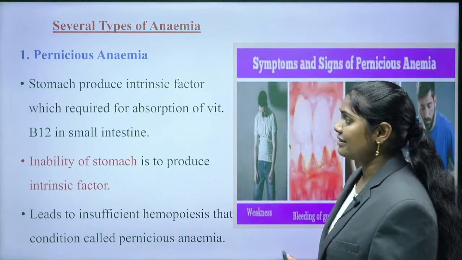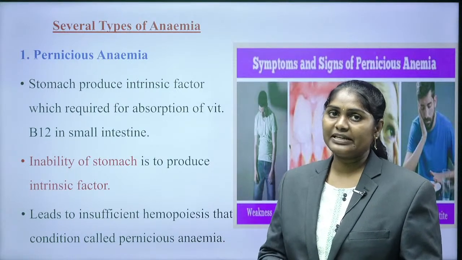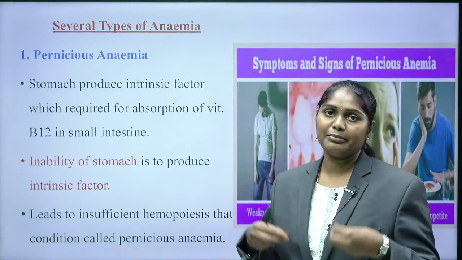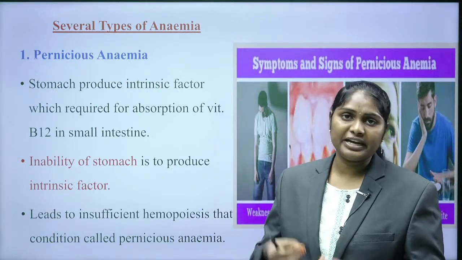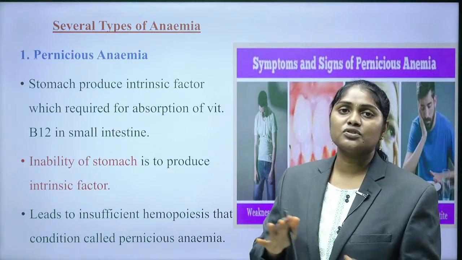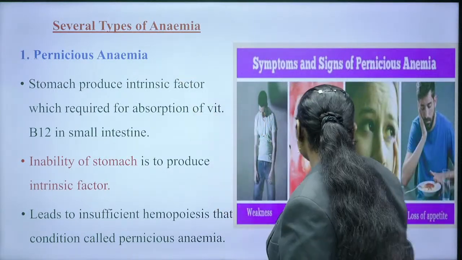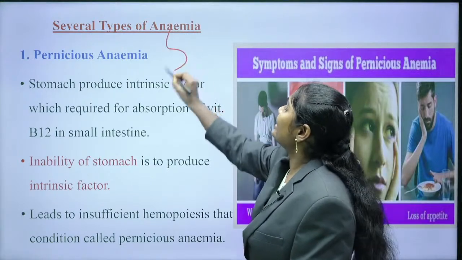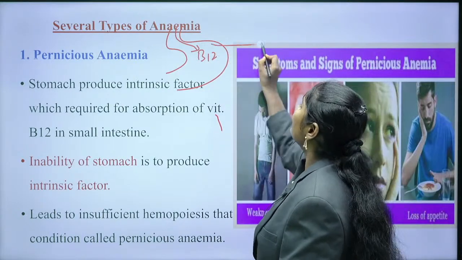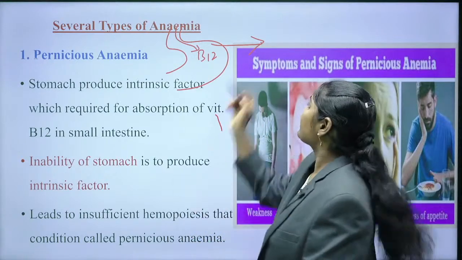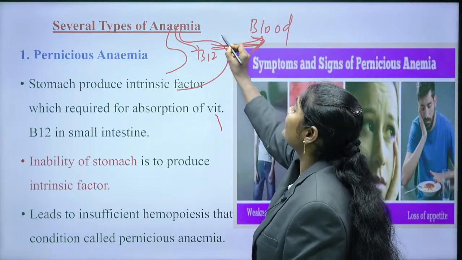Whenever vitamin B12 enters your body through food or diet, whatever it is, you have to absorb that vitamin B12 from your GIT, so that it enters the blood. To do that, we need one very important factor.